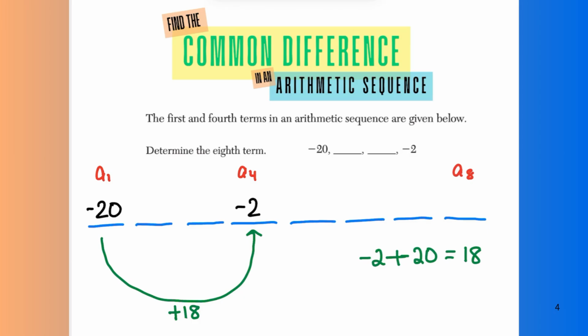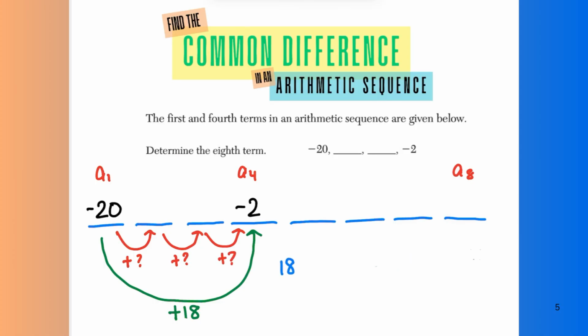My common difference is how much I am adding to get from one term to the next term. So how many times did I have to add to get from -20 to -2, from the first term to the 4th term? I had to add 3 times. So I'm trying to figure out how much did I add each time? Well, if I added 18 and I added 3 times, then that means that each time I added 6.